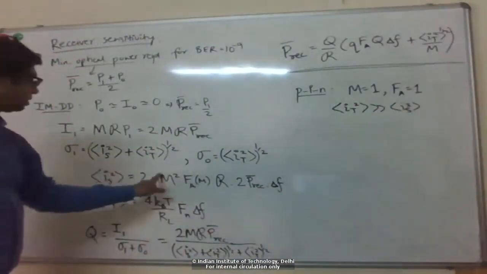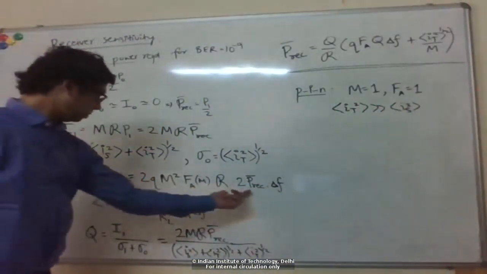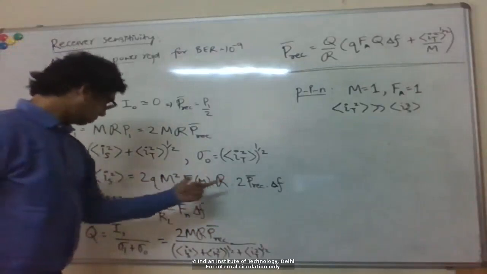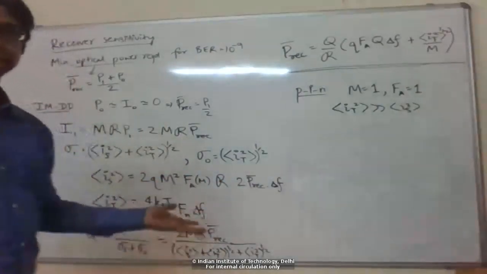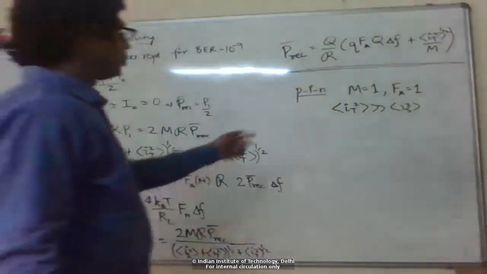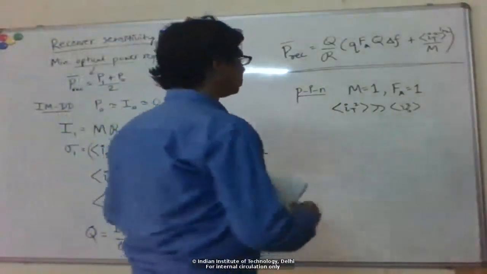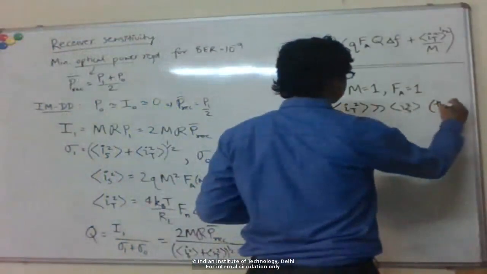So if M is 1, this is 1, this is 1, and this number typically is much smaller than this number. Basically saying the same thing again, that PIN photoreceivers typically operate in the thermal noise limit.